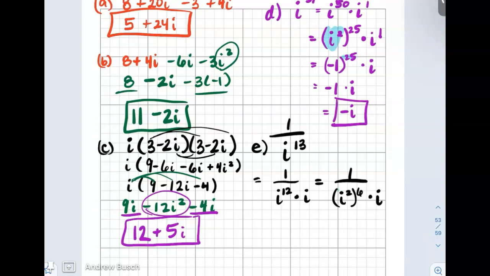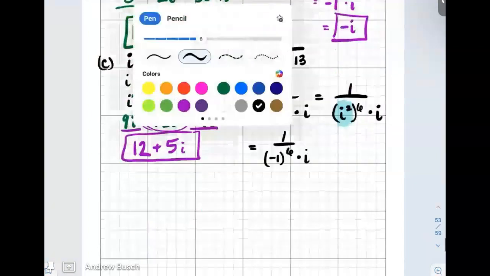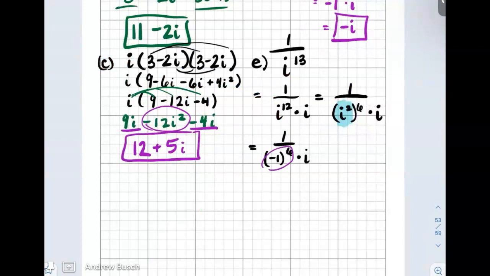Then we substitute in a negative 1 for the i squared. So we have negative 1 to the 6th power times i. Remember, anything to an even exponent is going to cancel the negative, so we're just going to get 1. So that just becomes 1, and so we get 1 over i.